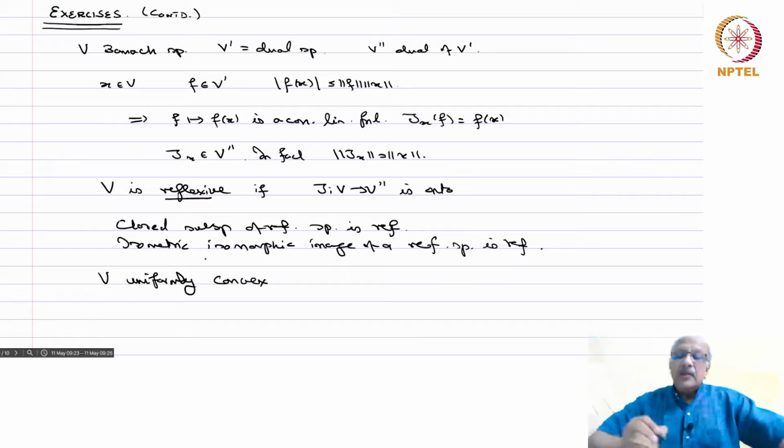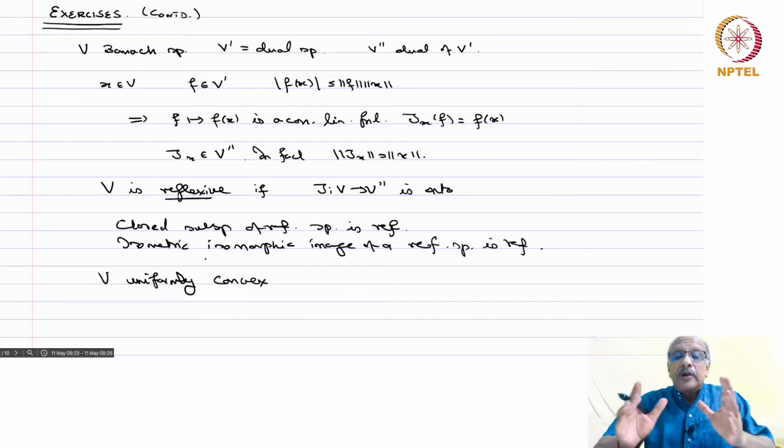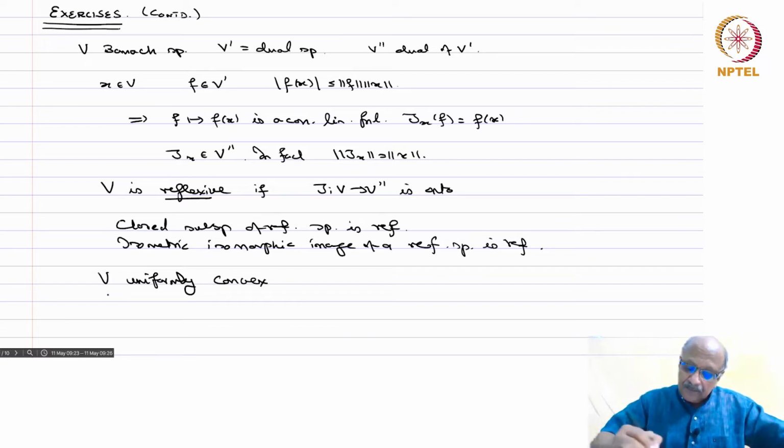That means the unit ball bulges uniformly. If you take the ball in R^n with the Euclidean norm, it's a nice round ball. But if you take it with the 1 norm or the infinity norm, it will have a lot of flat portions. So it is said to be uniformly convex if it bulges uniformly in all directions. This is a geometric property of the norm.